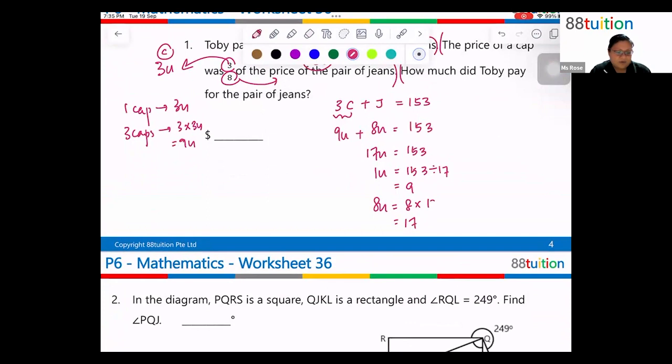So how much did Toby pay for the pair of jeans? Oh yes, thank you, Brian. It's 8 times 9 to give me $72. Thank you. So this will be $72. Okay, thank you. I was wondering what you were referring to.